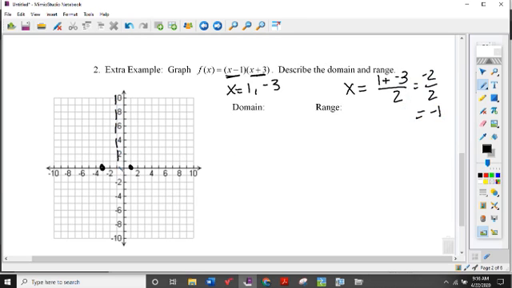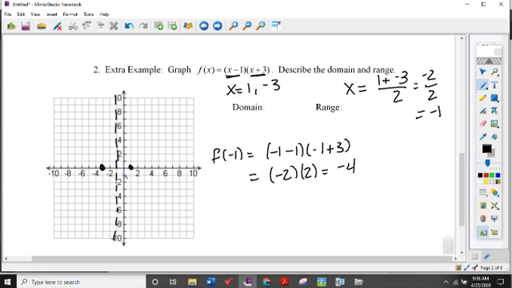It's halfway between. Now I need to find the y coordinate of my vertex. So I plug in -1 for x. -1 minus 1 is -2. -1 plus 3 is +2. So the y coordinate of my vertex is -4. So my vertex is at -1, -4.